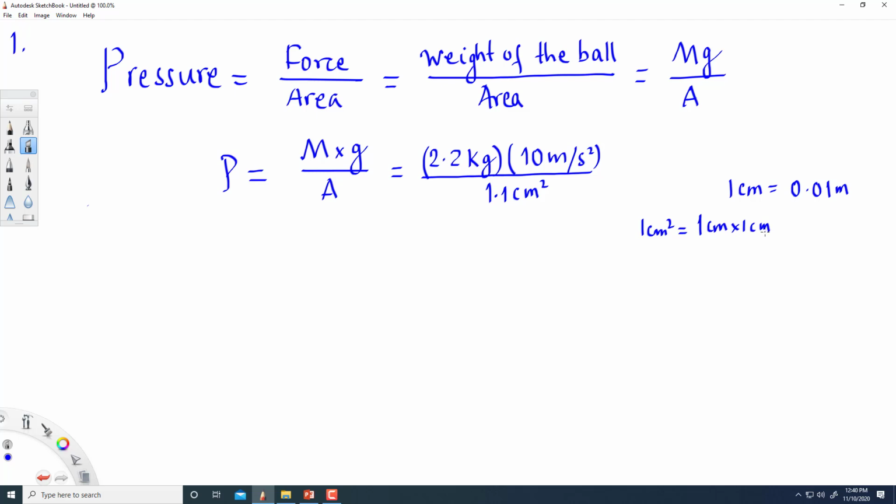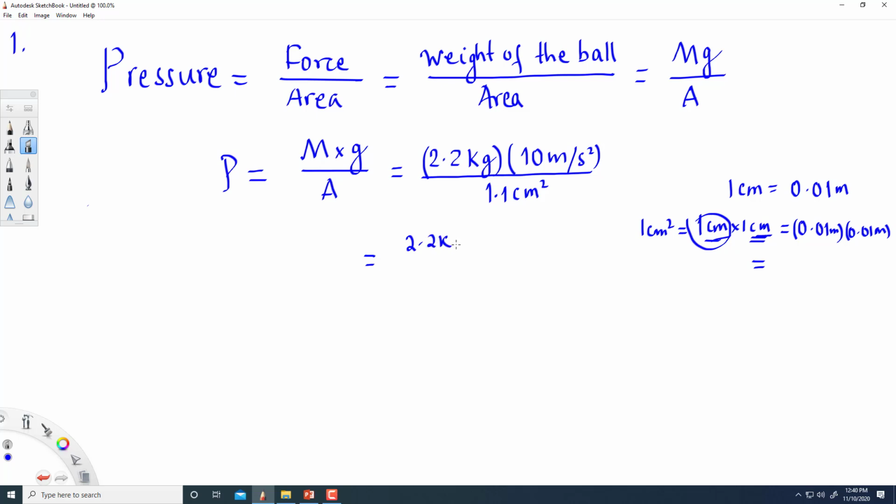So that means we need to convert twice, for each centimeter. For this centimeter, it is 0.01 meter, and for this centimeter also it's 0.01 meter. So we need to convert both the centimeters.